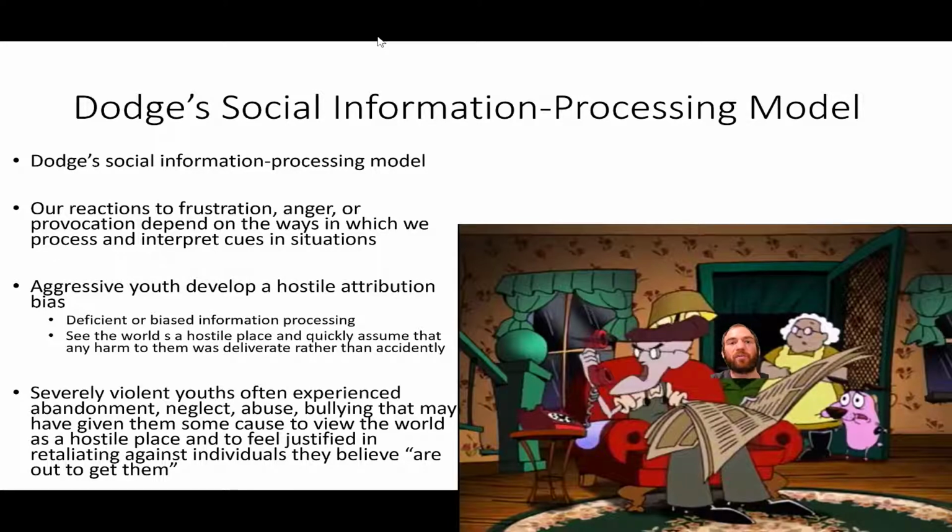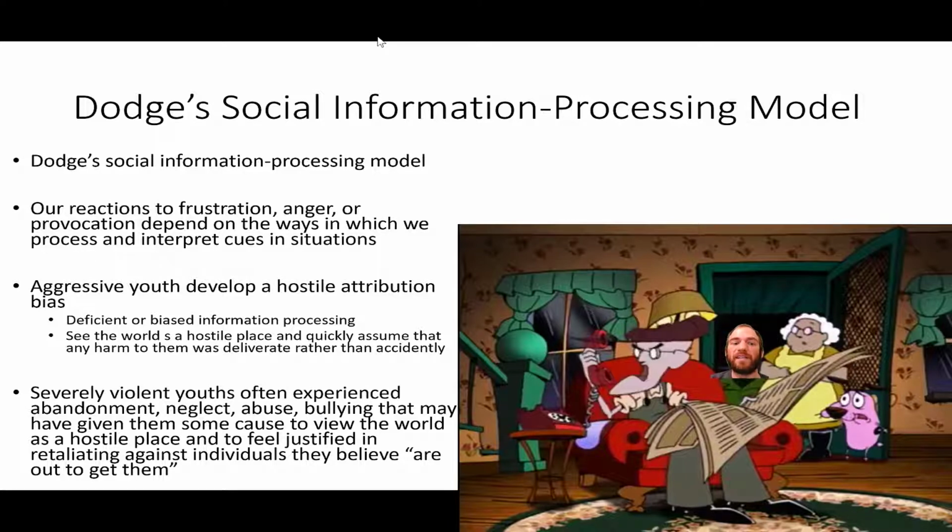And this automatic, or at least immediate, processing creates a bias in information processing that can contribute to higher levels of antisocial or aggressive behavior. And it's not only that, but there are developmental antecedents associated with this biased information processing.